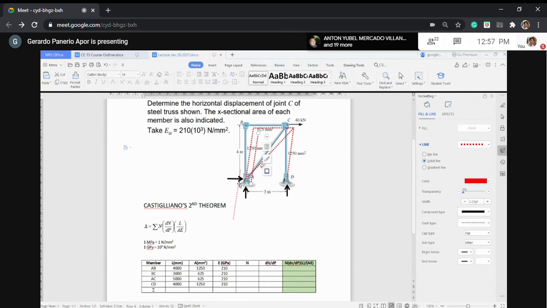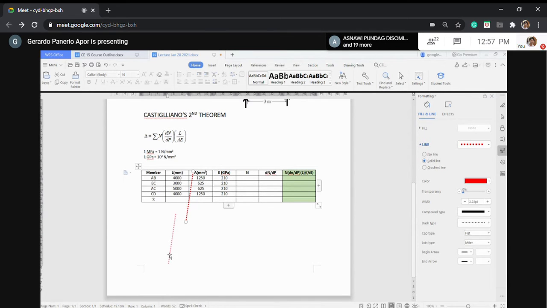I will put it here. I will redraw again. I will change that into this, and then copy that. Copy, paste. So I have another one here, and paste again. This is another member. Paste again. This is the fourth member.